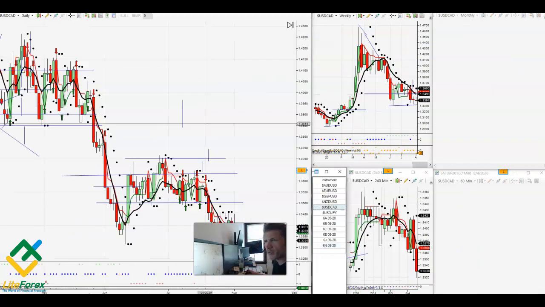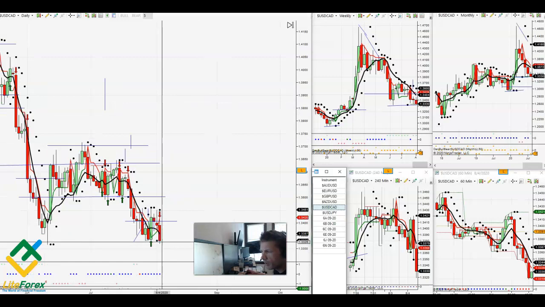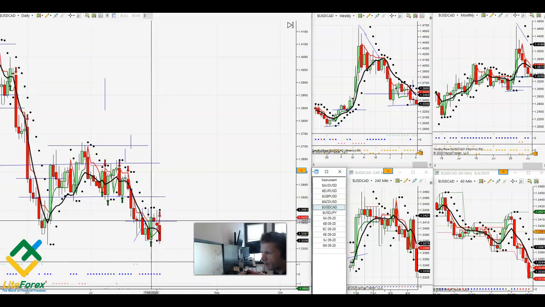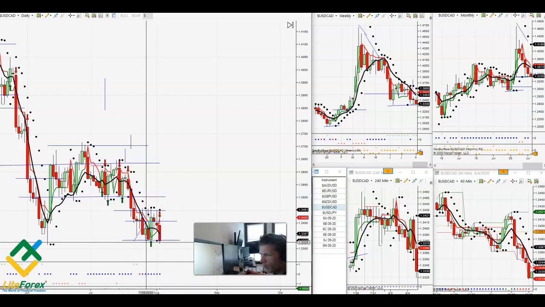All right. The USD Canadian dollar. The USD Canadian dollar had a nice little turnaround on the 30th and hit a bit of a wall at 34.5. You can see the resistance at that price. And here we are coming down, taking out the lows from last week, made on the 28th, 29th, and 30th.